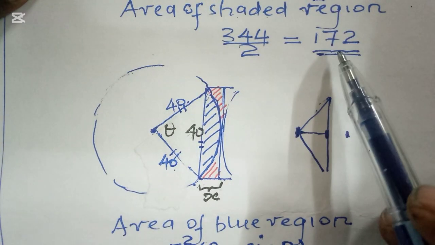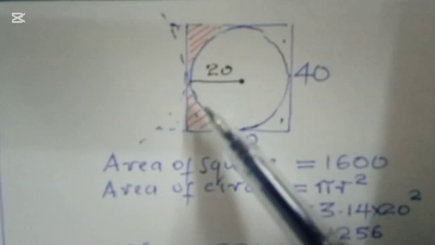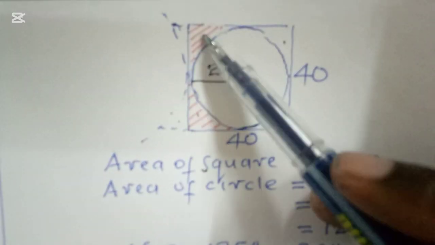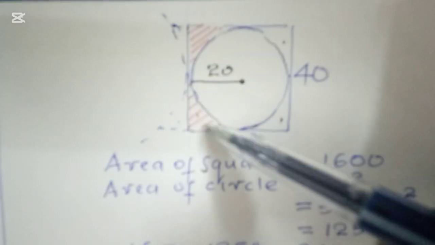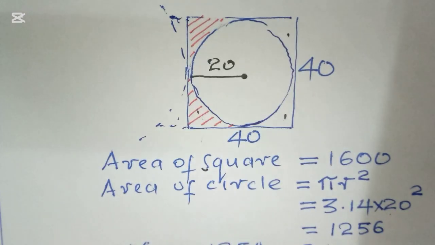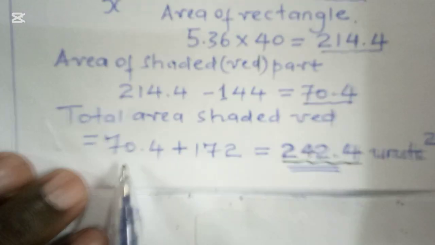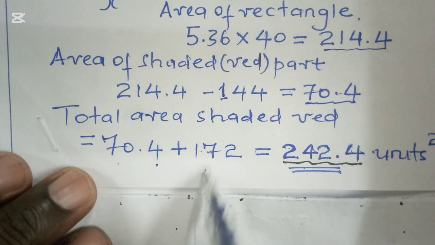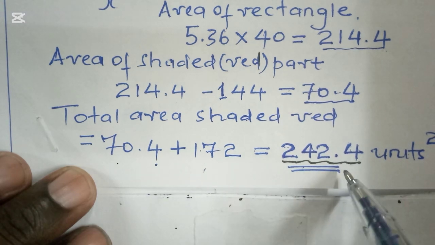This region was 172, which of course was this region we had calculated. And so now we are going to add those two regions. So when we add that, this is what we shall get. We have 70.4 plus 172, which we had originally.